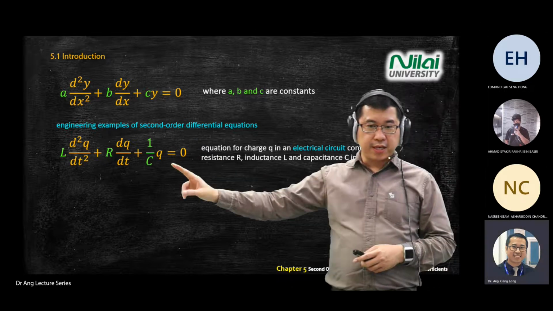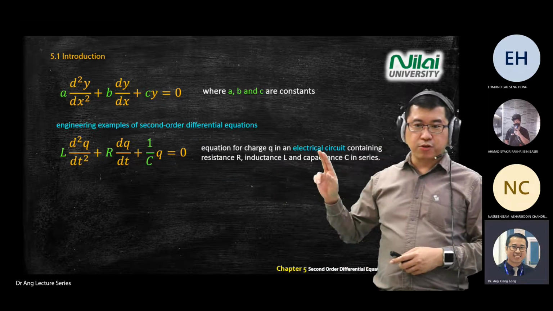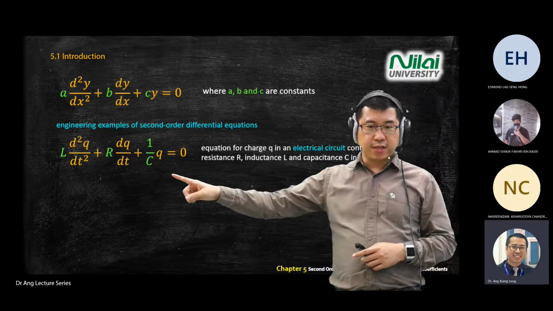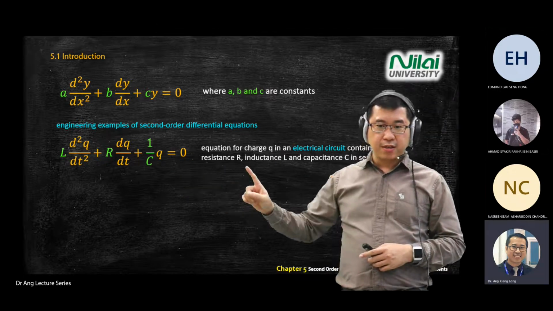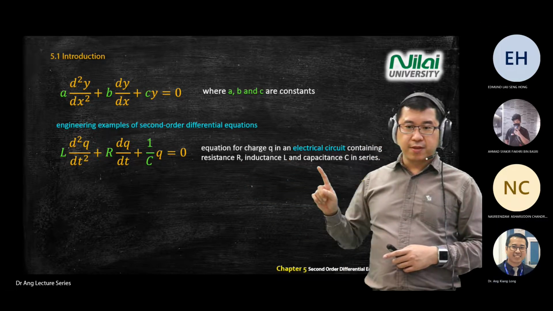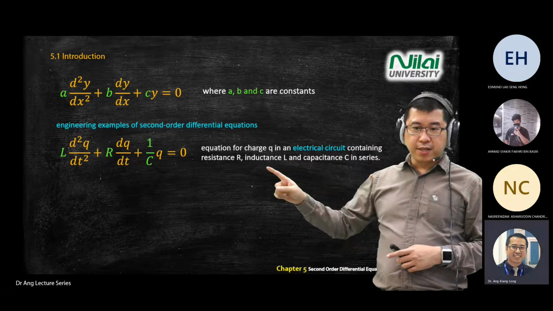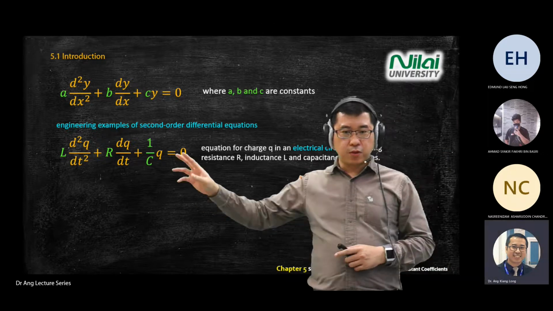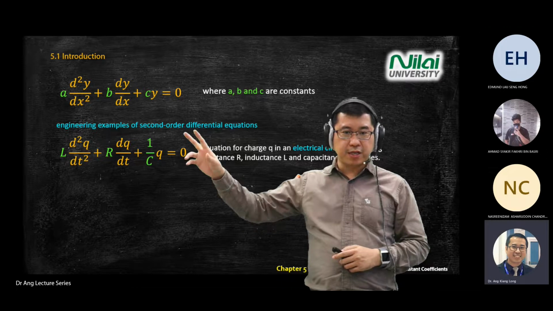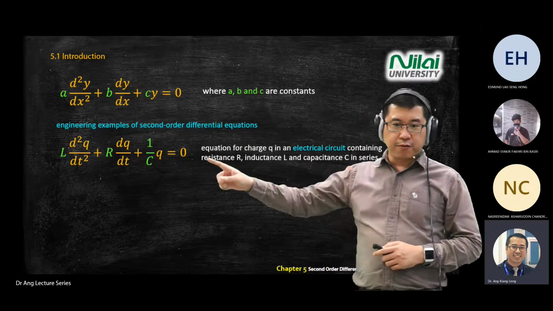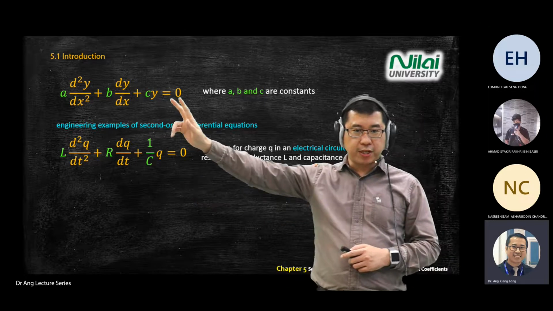This equation is for electrical circuit analysis, where R is resistance, L is inductance, and C is capacitance. This is an application of second order differential equations. If you see this form, you use what we learned in this chapter.